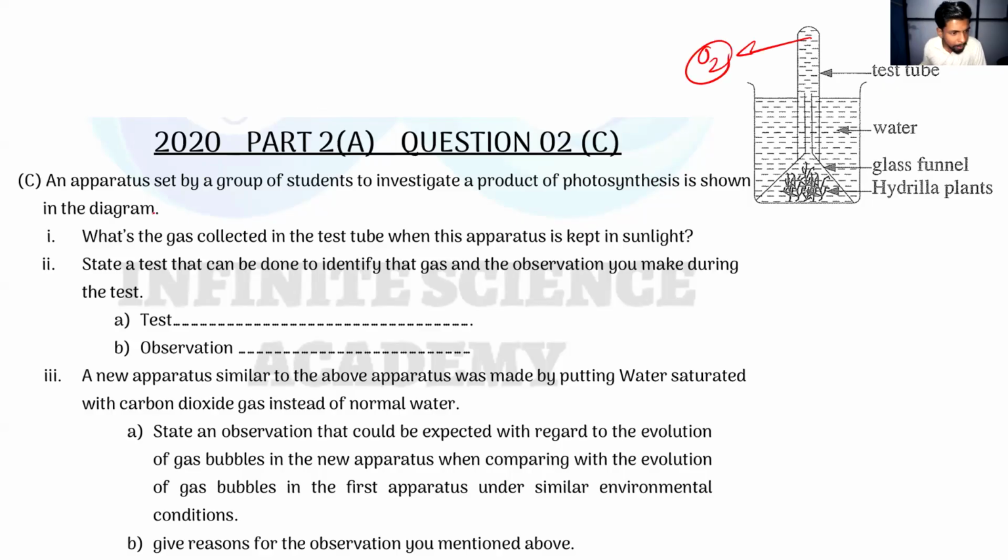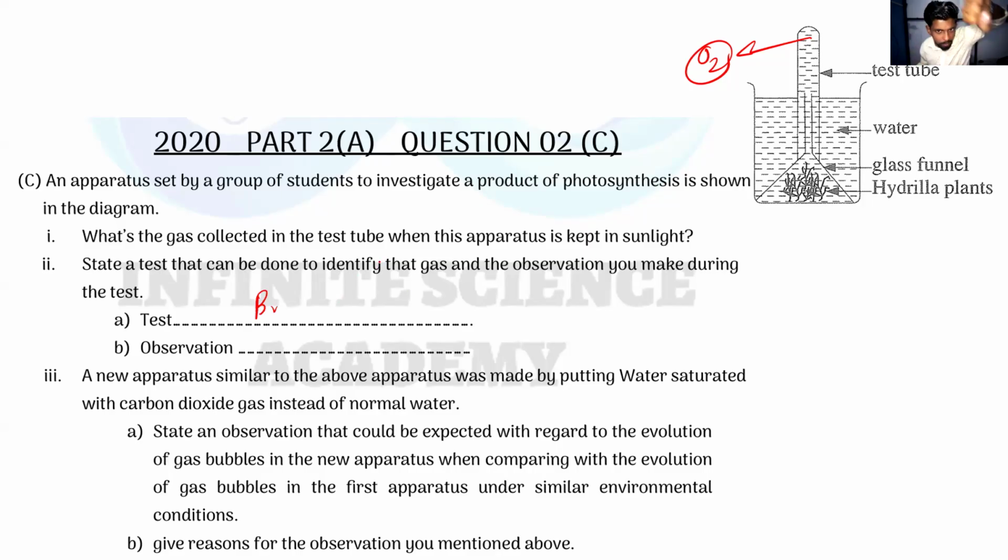Okay. And question number 2, state the test. In the previous question, they asked you to write the step and the observation. But in this practical, they have split the question. They are asking what could be the test and what could be the observation. You know the test: bringing a glowing splint near the test tube.